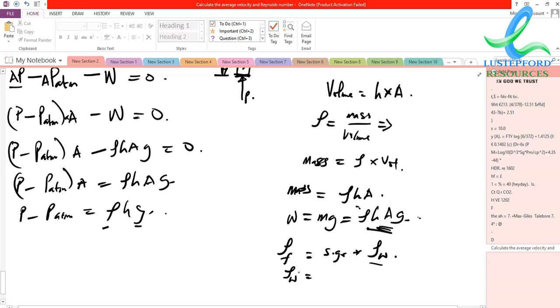So that means I'll put G here. The density of water times G here should be 62.4 pounds per feet cube.